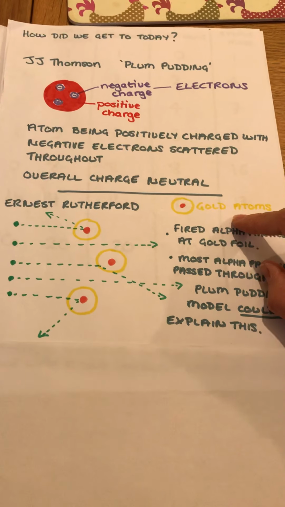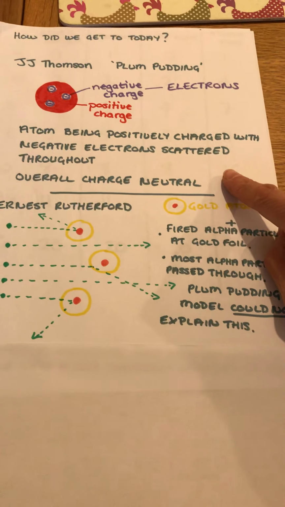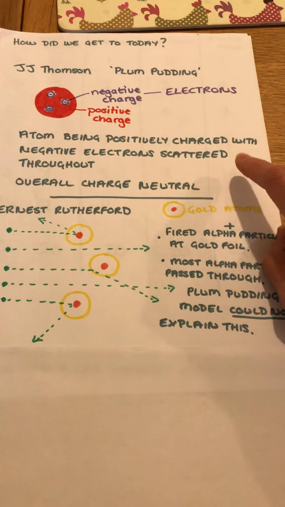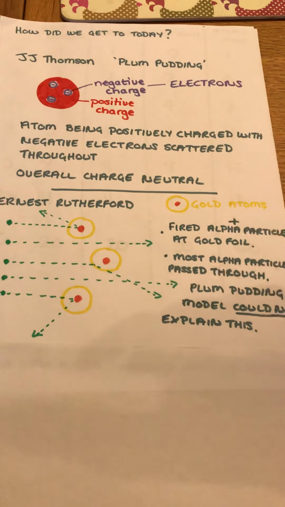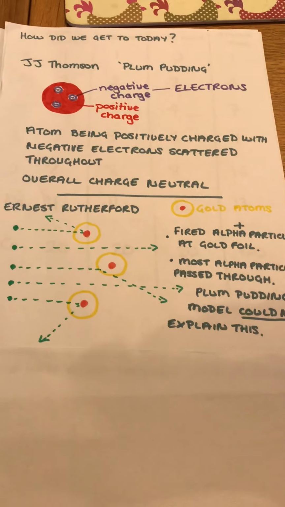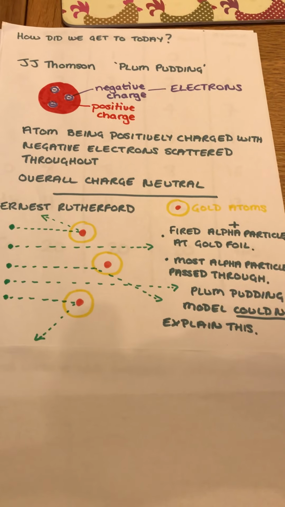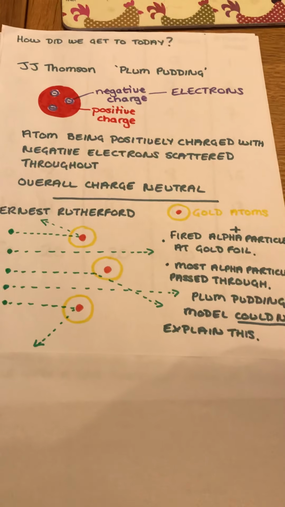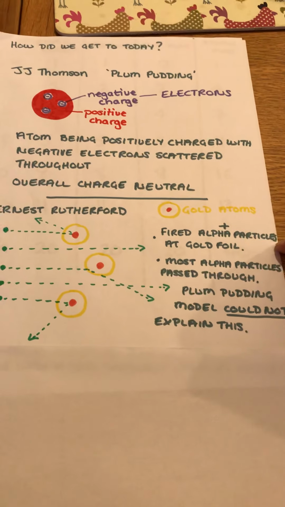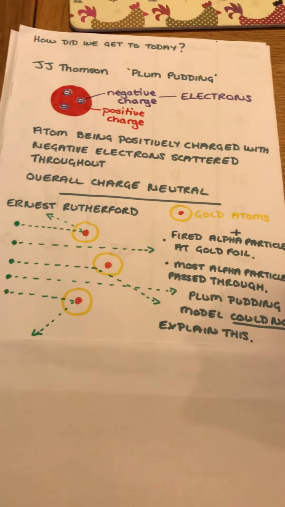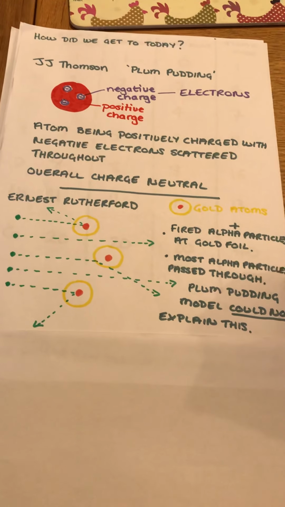Now, if the plum pudding model was correct, and an atom was this dense positive charge with negative charge throughout, firing the alpha particles at it would mean that they would all bounce off. But this wasn't what they found. They found that most alpha particles went straight through the gold atoms.